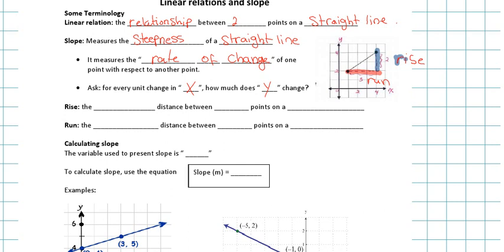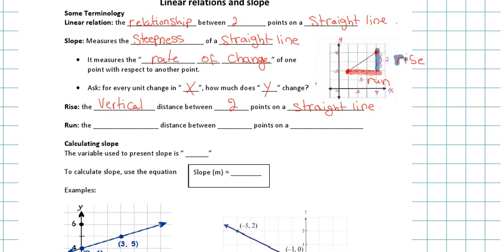So the rise, as you can see in the blue highlight, is the vertical distance, right? It's going up. Up means vertical. Between the 2 points on a straight line. So again, if you look here, this is your point, this is your second point.